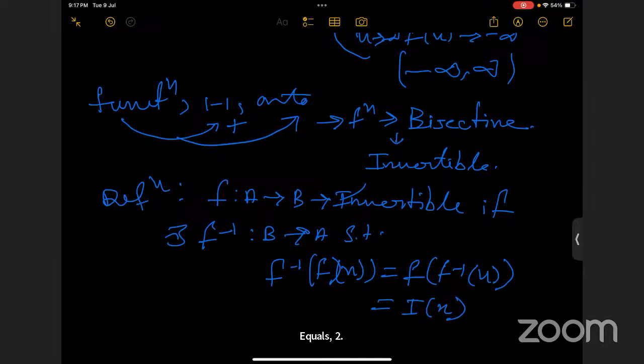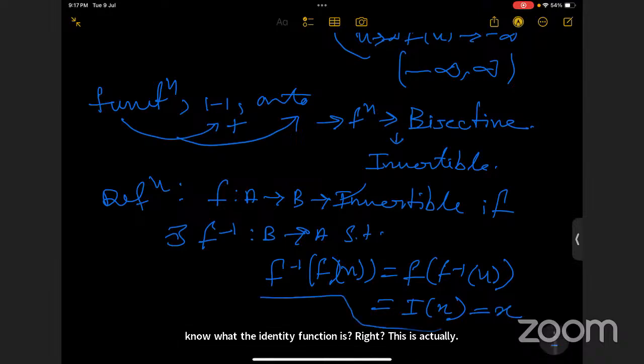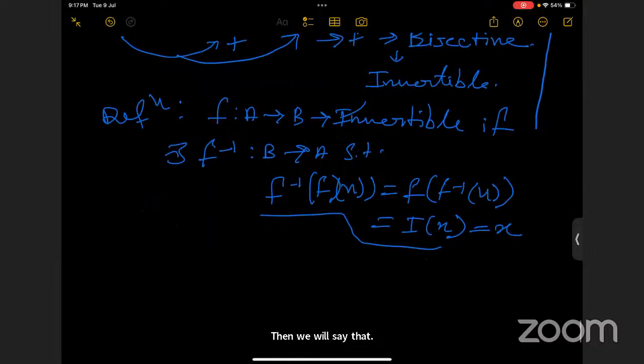You know what the identity function is, right? If we have something like that, then we will say that the function is invertible, and this F inverse is said to be the inverse of F.